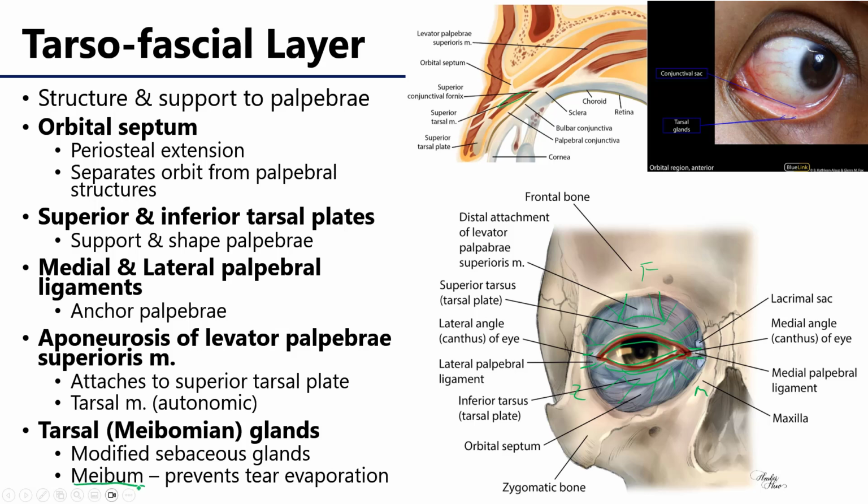Meibum is wiped over the surface of the eye, and it creates a film that helps to prevent your tears from evaporating. It's also in greatest concentration along the margins of the palpebrae, so as to keep the tears within the conjunctival sac.